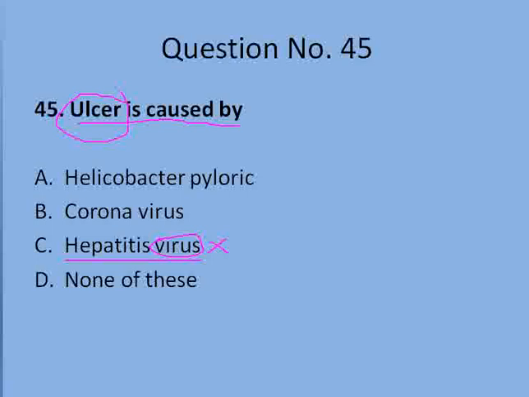But the ulcer is caused only in the stomach region or the duodenum region. So C is the wrong answer. Coronavirus, all of us know that. Then none of these. Helicobacter pylori is the bacteria causing the ulcer due to infection of the stomach region.